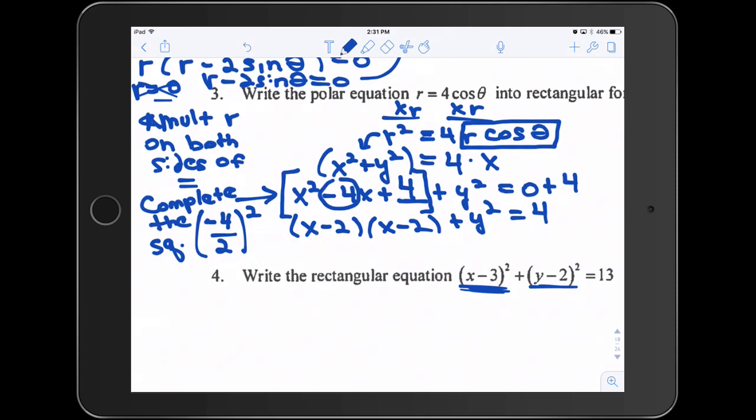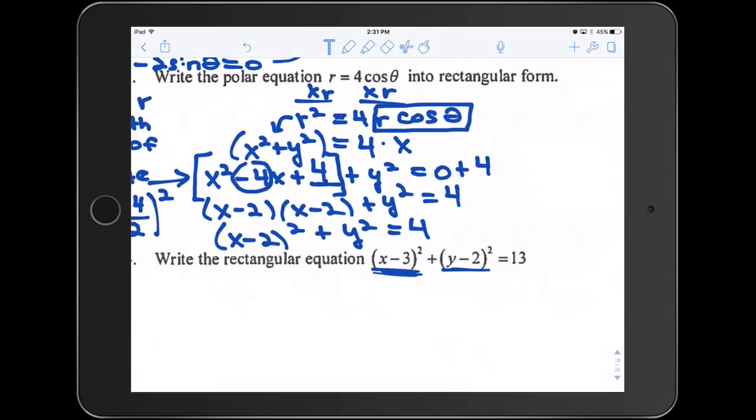Because those factors are the same, we can write it as x minus 2 quantity squared plus y squared equals 4. So completing the square is the only new thing here. We do it a lot in the next unit, so I thought I'd bring it in a little bit here so that it's not completely shocking later on.